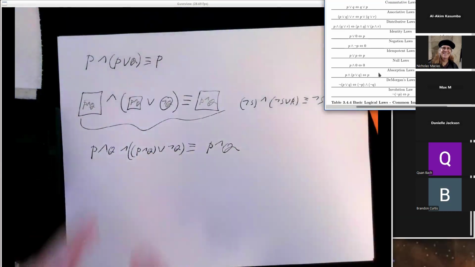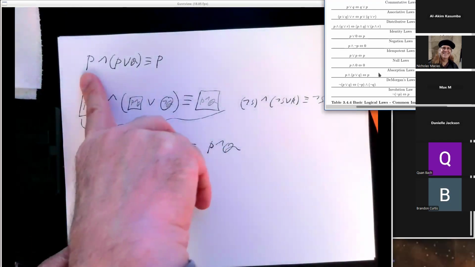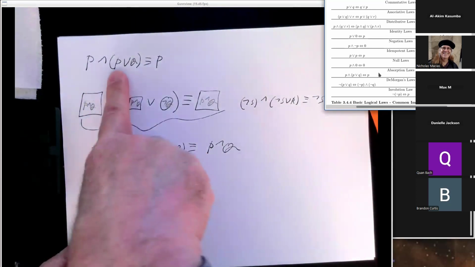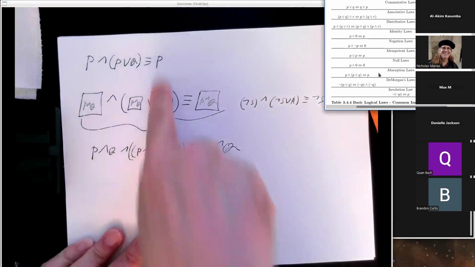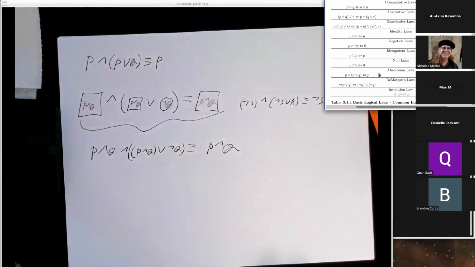I'm just playing with this one identity, but I'm not thinking of this as just the proposition P. I'm thinking of it as a placeholder, a box that I can put anything in that I want as long as I put that same thing here and here. That making sense?